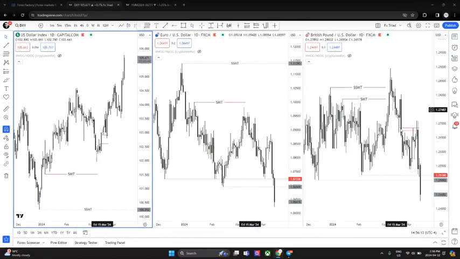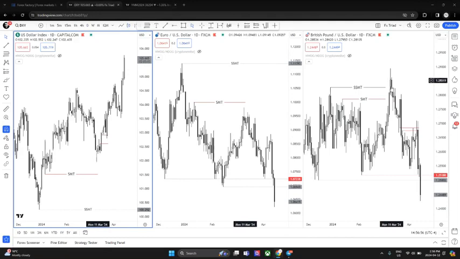What makes it even more is that we had SMT below the sequential SMT. This was a literal sign that the euro is bearish, is weak, and the dollar is strong, because this low didn't get taken out and this low didn't get taken out, but the pound managed to take out both of these highs. If you realize, I did not care about the correlation here that much because we already had our trend established.